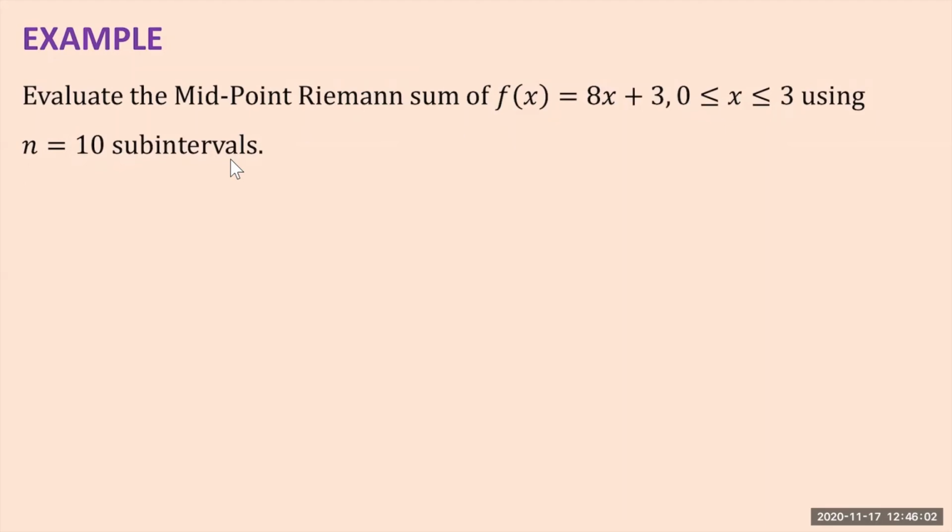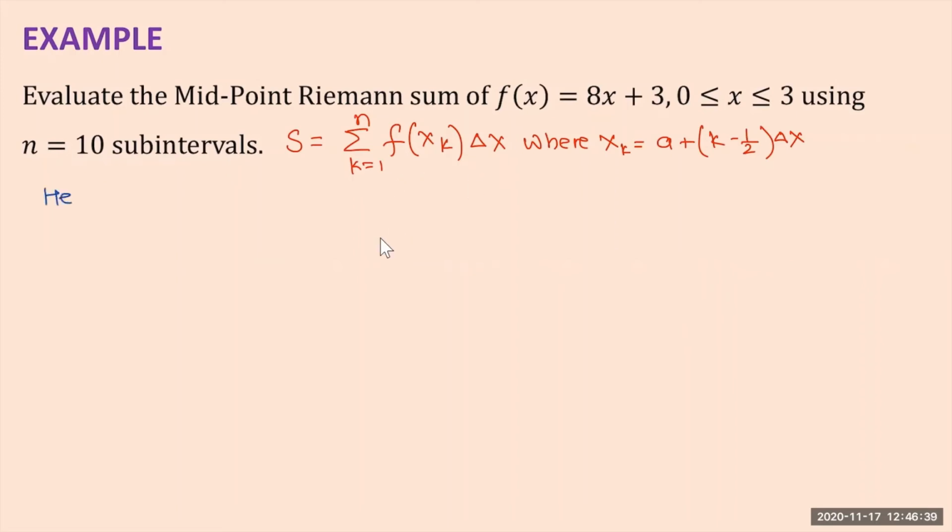So you know that the approximate value of the Riemann sum, S, is equal to summation k equal to 1 through n, f of x k delta x, where x k, because this is the midpoint Riemann sum, is a plus k minus half delta x. That's the formula to find x k. So first we are going to make everything ready, and then we are going to plug into the formula.